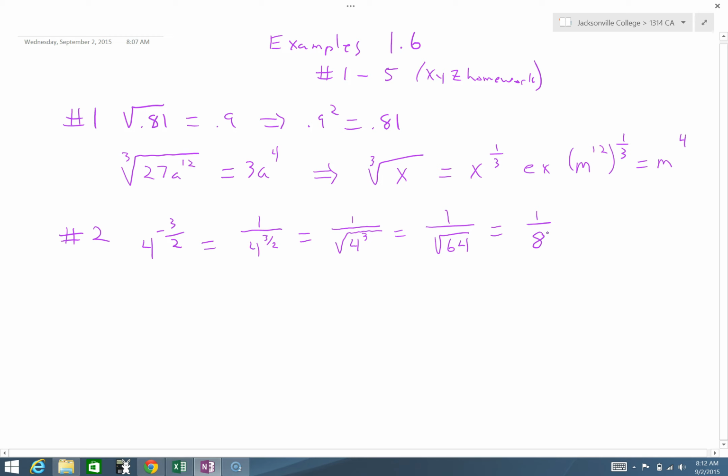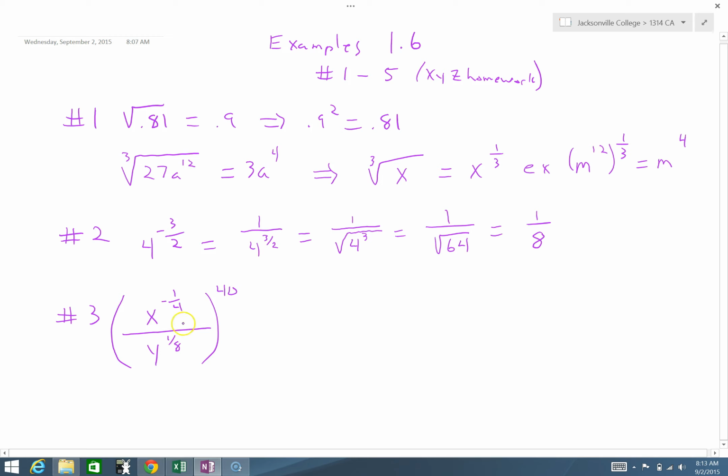All right. Number 3. In number 3, we have some kind of quotient, like x to the negative 1/4 over y to the 1/8. And all this is taken to some power, like 40.